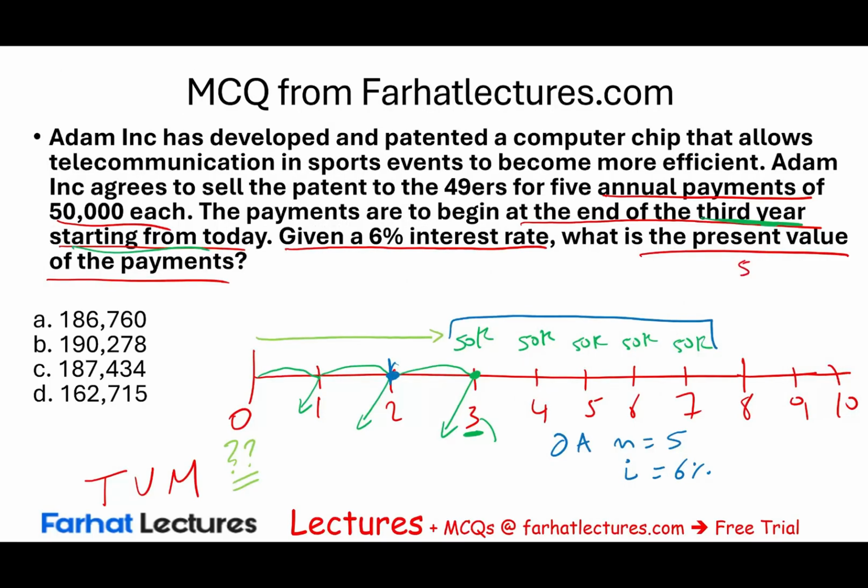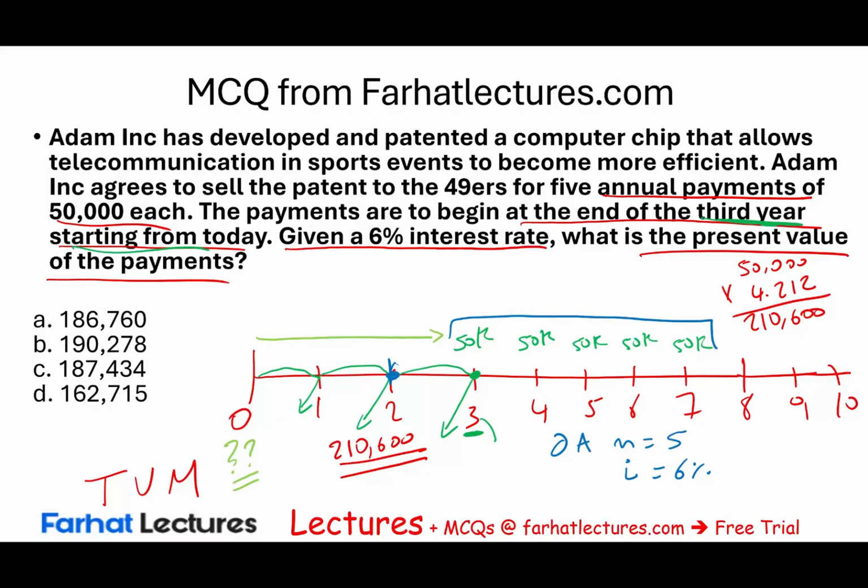I am going to take the $50,000 times 4.212. So let's do that. 50,000 times 4.212, that's equal to 210,600. So the value of this annuity at this point is $210,600. This is at the end of year 2.